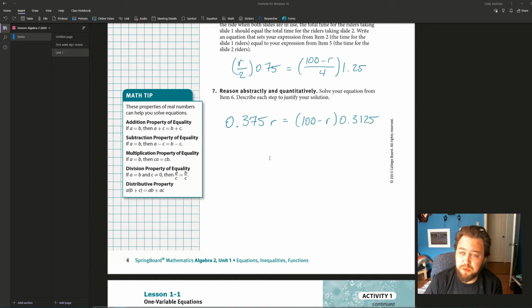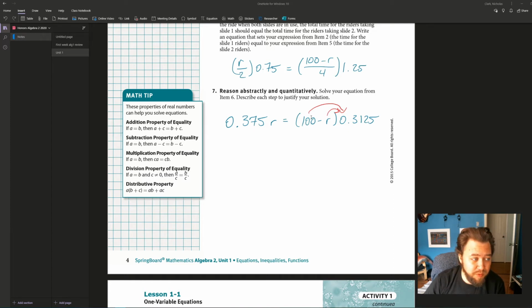My step 2 would be use the distributive property, so I can take this 100 and multiply it times this guy, and then my r and multiply it times that guy. Or the other way is the same thing. It just happened to be that way, and I like drawing to the left.